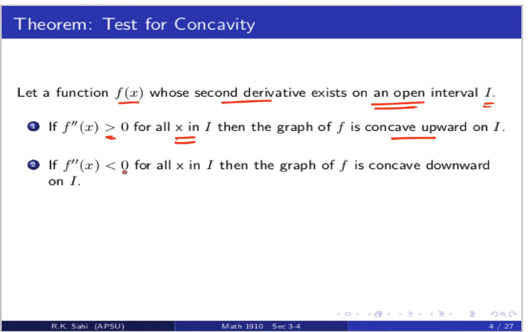And if the second derivative is strictly less than 0 for all x in I, the graph of the function is concave downward on I. A very, very important theorem. Notice it's not talking about when the second derivative is 0. It only says when the second derivative is strictly greater than 0, or strictly less than 0.